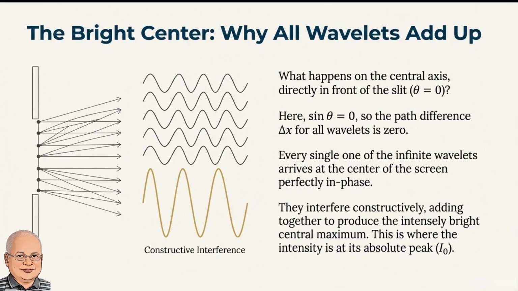The top ray peak is aligned with the second ray peak, the third ray peak, all are perfectly aligned. So they will add up, giving a constructive interference, so giving us brightness.